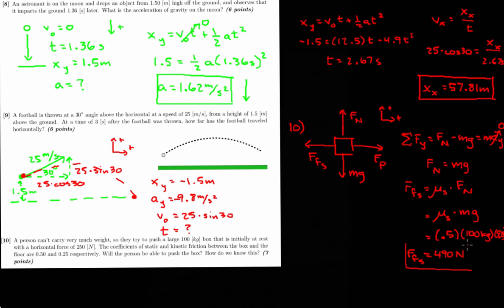So if you sum the forces in the x direction, that's the pushing force minus the friction force. And remember, this friction force is up to 490. It's anywhere between 0 and 490. So that's its max, this is a maximum for it.